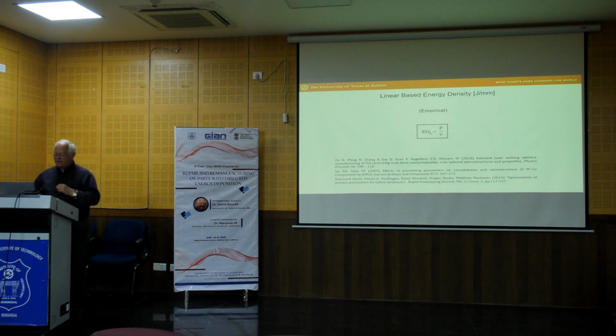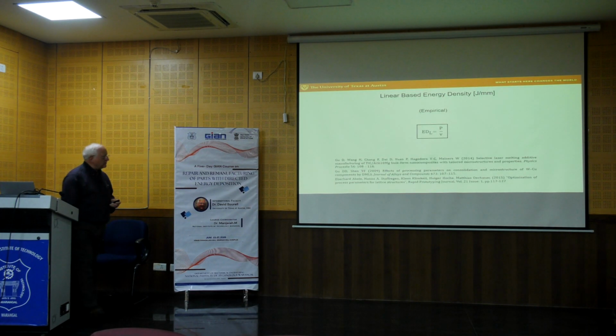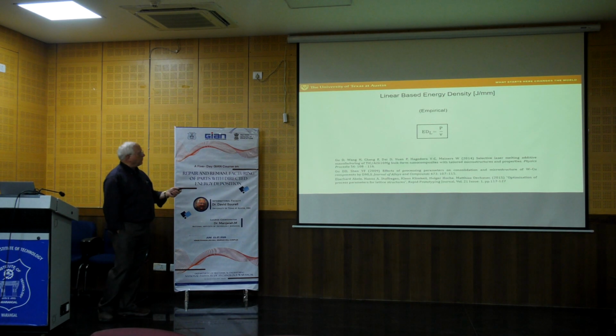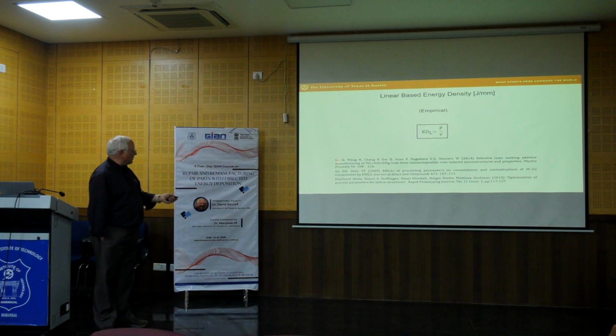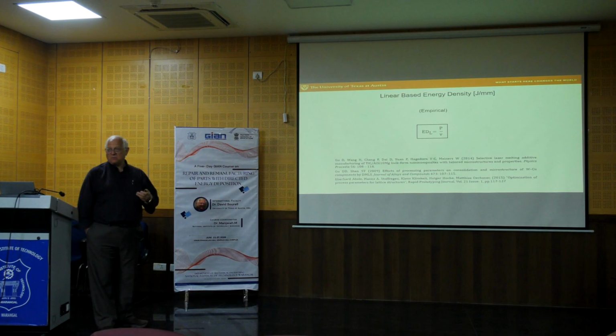And then there's one last form that I wanted to mention. It's a linear-based form, which is perhaps the least popular of these, although you can see one group at least used this. This is a German group; I recognize Christian Hagedorn there. It's a very simple definition.